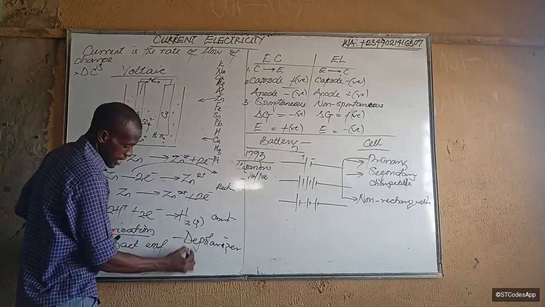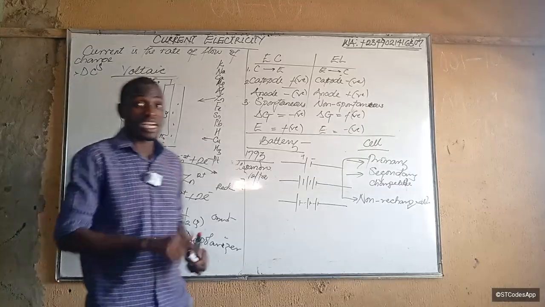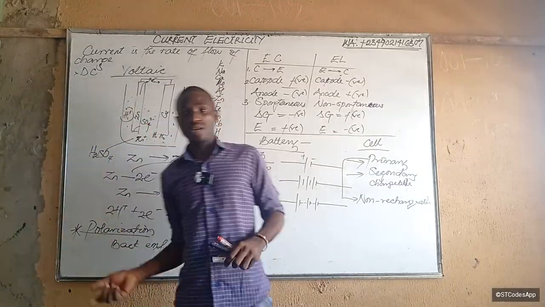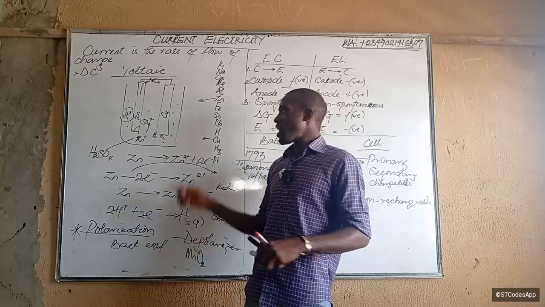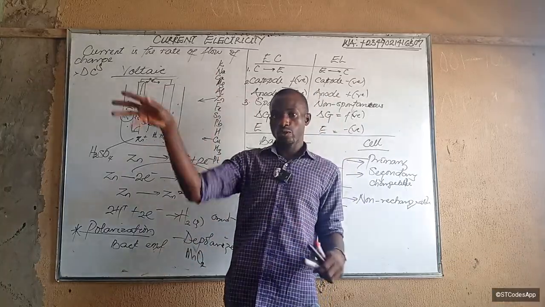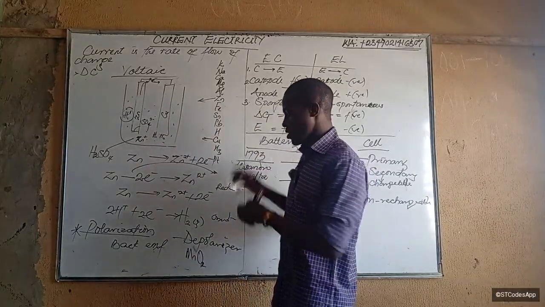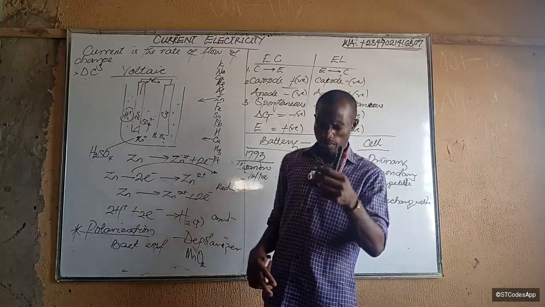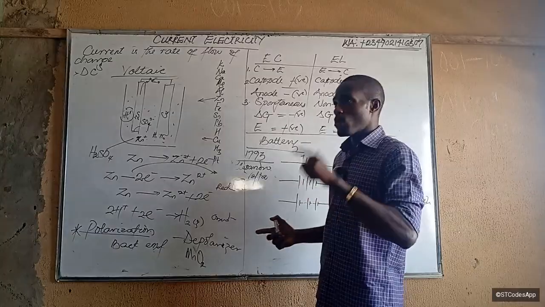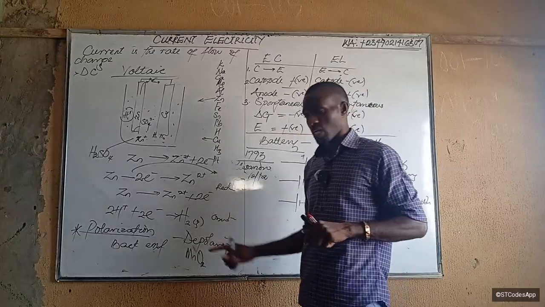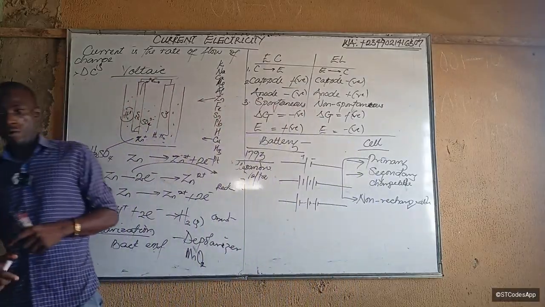And the Daniel cell does not even use a depolarizer because copper sulfate, which is one of its electrolytes, is already the polarizing agent. So hydrogen bubbles do not set up at the copper electrode. That is the advantage of the Daniel cell over the Leclanche cell. But in the Leclanche cell, we need a depolarizer like manganese(IV) oxide to stop back EMF or polarization from occurring.